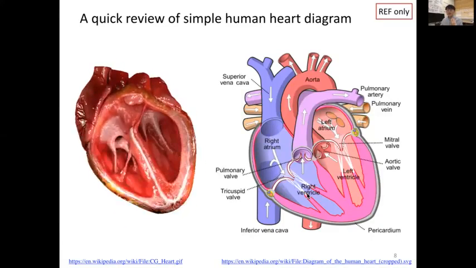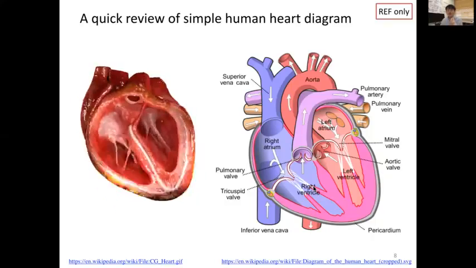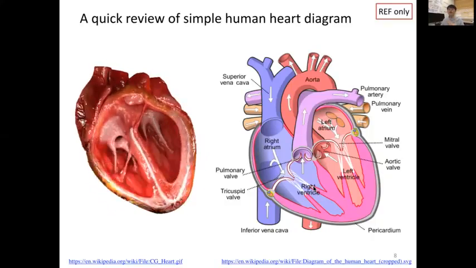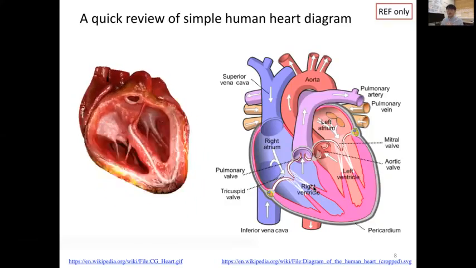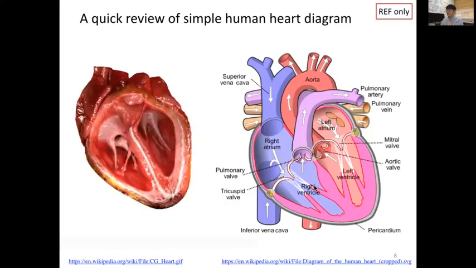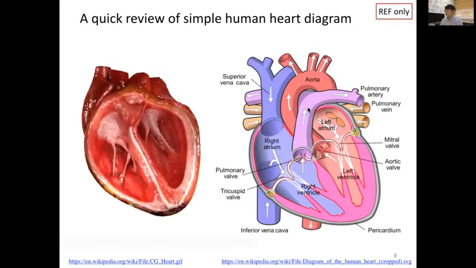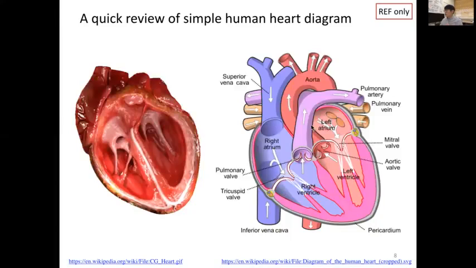This is deoxygenated, so it has to go to the lungs to fill with fresh oxygen and exchange the CO2 content. So it goes to the lungs through the pulmonary artery, because pulmonary means lung.